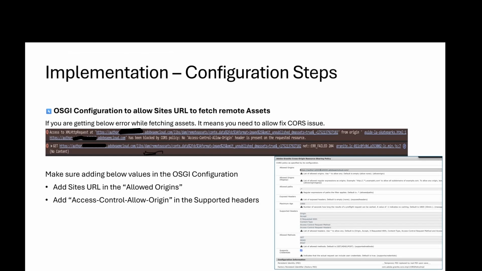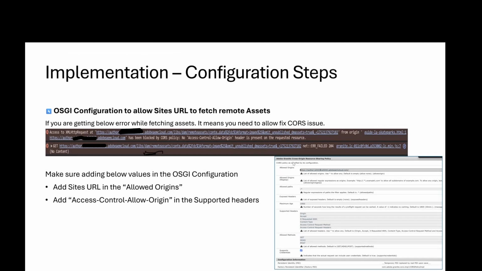The first OSGi configuration which you need to touch is the Adobe Granite Cross-Origin Resource Sharing Policy, where you need to allow the sites URL and make sure you perform this on your asset environment. So you need to open your asset environment and open this OSGi configuration, and if you are not on managed services, then you need to do the same in your code base.